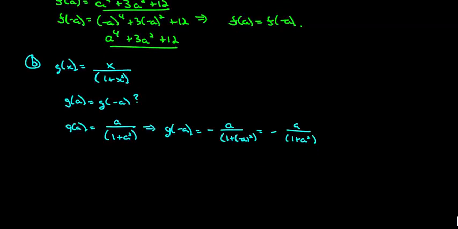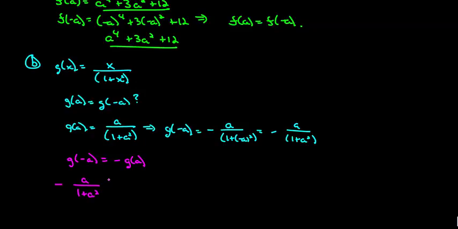Now let's see if it's an odd function. What we'd want to check is: is g of negative a equal to negative g of a? Well, we already have these calculated. We know g of negative a is negative a over 1 plus a squared.